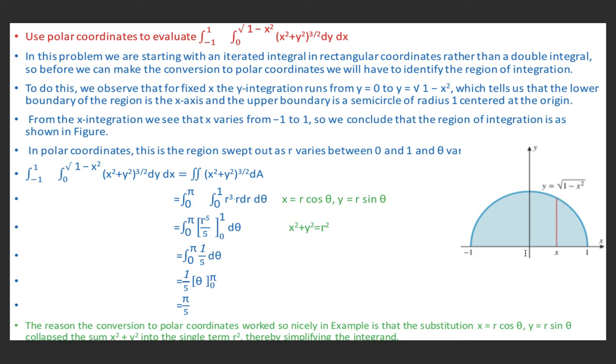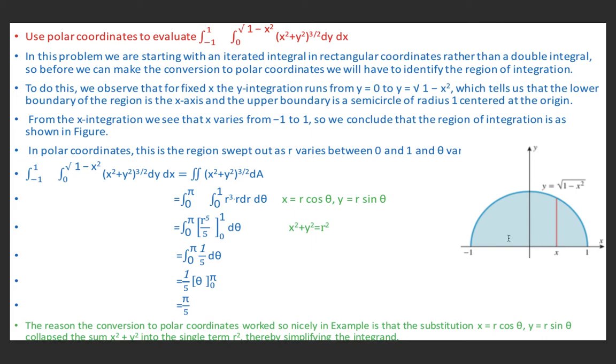Here, because this is 0, 0 and this is 1, for the polar case r varies from 0 to 1, and theta varies from, this is the line theta equal to 0, if we rotate the radial line about the origin, sweeping out the region, it means theta varies from 0 to pi.